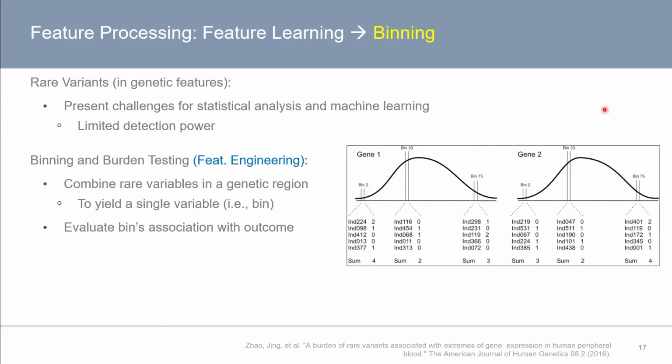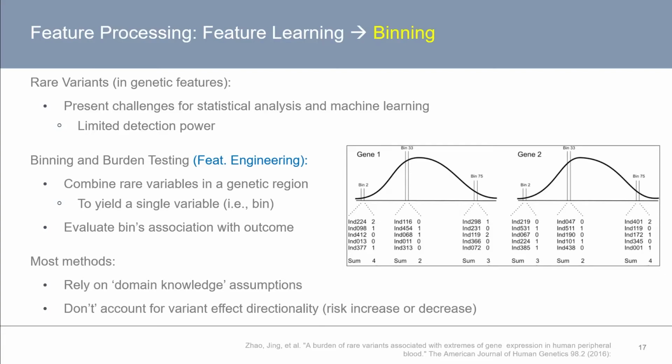As shown here, experts might identify specific genomic regions based on their domain knowledge and then count the number of rare variants found in a subject within each of these regions. Thus, technically, this type of binning is an example of feature engineering. Researchers can then evaluate the bin's association with outcome, where the bin is a new feature in the dataset.